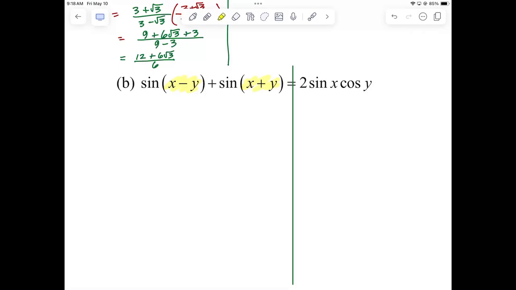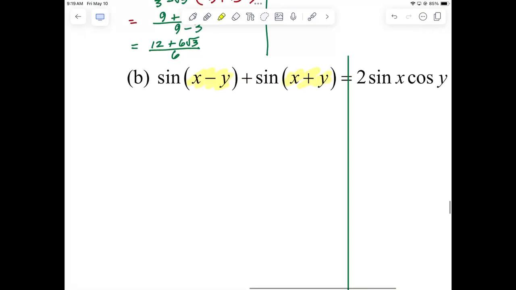Now notice the right side is in terms of single angles x and y. The left side is in terms of compound angles x and y, plus or minus. We have a way to expand the compound angles to get single angles. It's rarely easy to take a single angle and build it up into a composite angle. Compound, composite, the same thing. So let's go ahead and expand the left side.